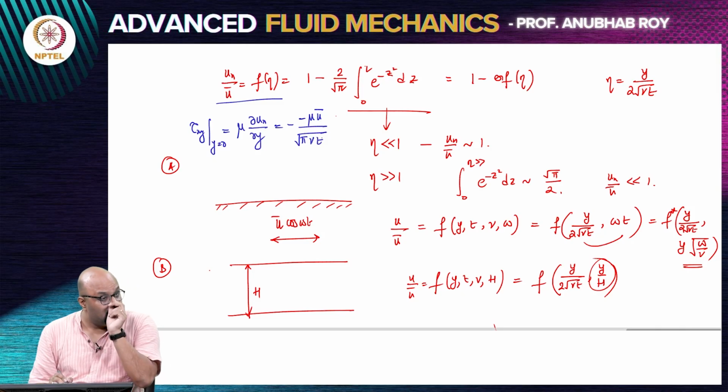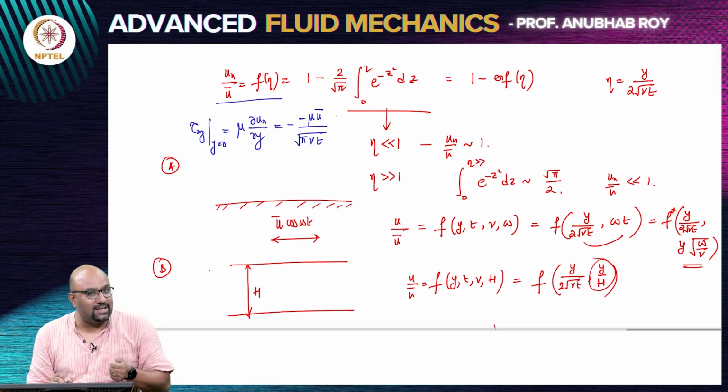So, initially the plate had velocity u bar, the fluid was at rest. So, the shear stress at the plate at time t equals 0 was infinitely large because the velocity gradient was a discontinuity, and then gradually the shear stress starts to decay because the fluid is gradually being set into motion.